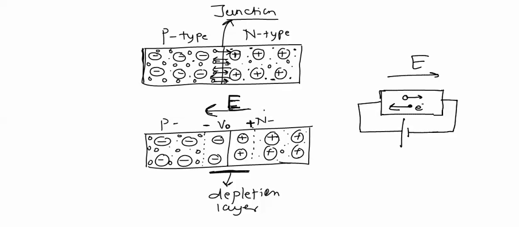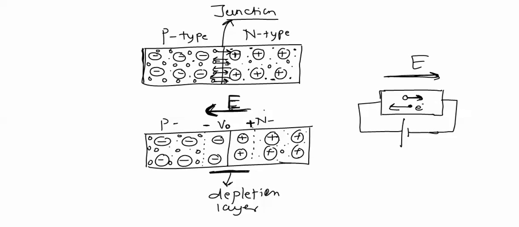Now, in this material, an electric field is induced across the depletion layer. If holes try to diffuse from higher concentration to lower concentration on this side, this motion will be against the motion of holes under the effect of the electric field. So these holes will not be allowed to move from the P side to the N side.